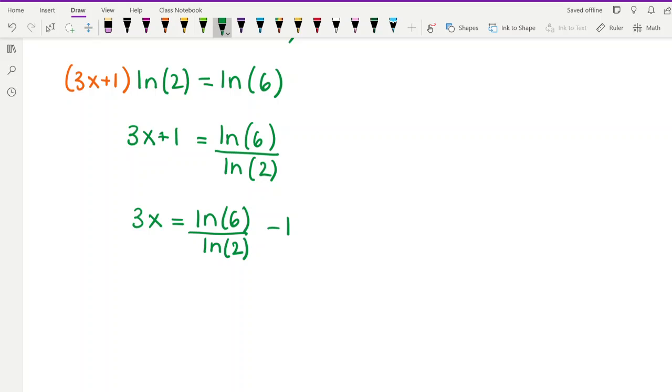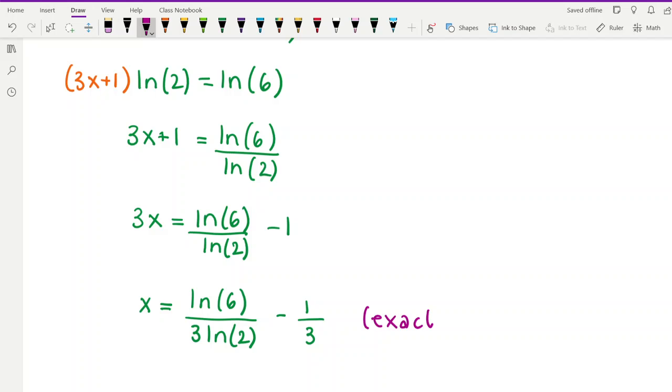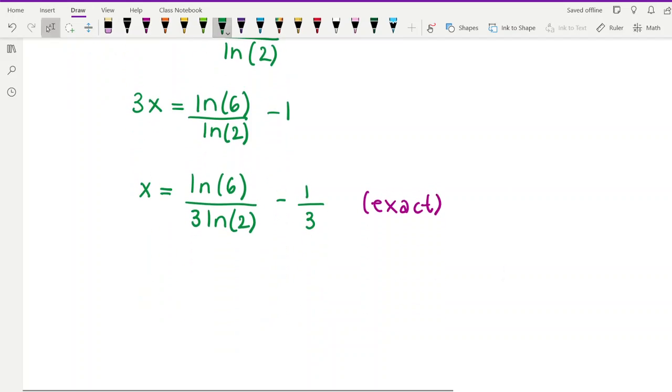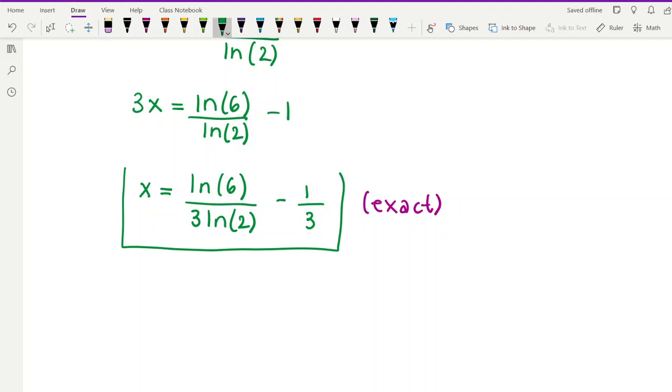If we multiply both sides by 1/3, that's going to give us ln of 6 over 3 times ln of 2, because if you multiply by 1/3, you get that extra 3 in the denominator, and then that would be minus 1/3. So this would be our exact form of our answer. And then the approximation, if you type all of that into a calculator, you should find that x is approximately equal to 0.53.